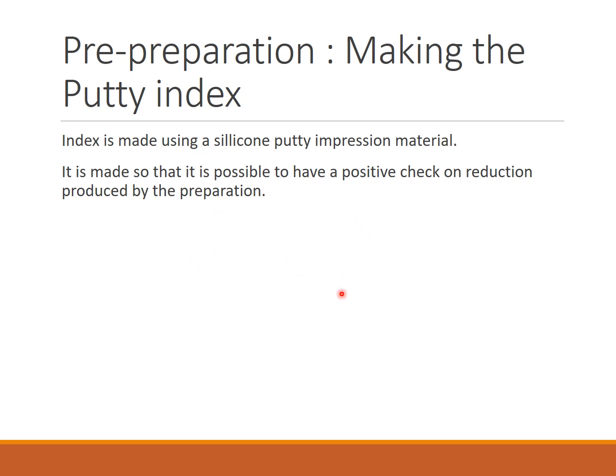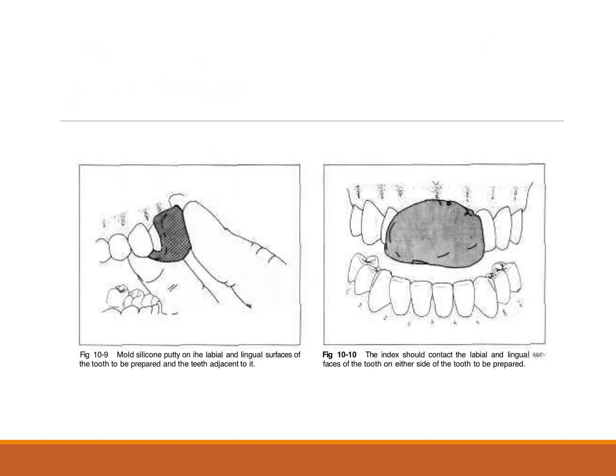So here we are making a putty index for the reason to check the reduction of the preparation. Okay. It's made from silicone putty impression material. It gives a positive check on the reduction produced by the preparation. So you mold the silicone putty on the labial and lingual surface of the tooth.